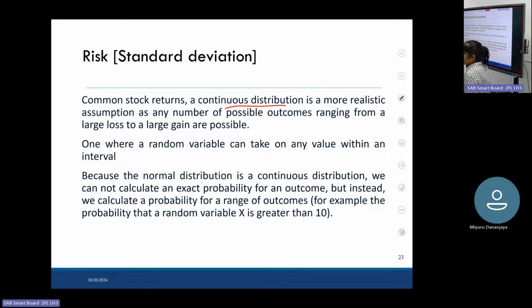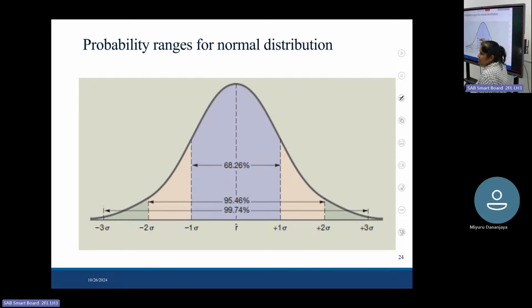Since stock return is a continuous variable, you can describe it using normal distribution properties. This is the normal distribution. If you take an estimate from this distribution, you have 68.26% confidence that your number is within one standard deviation of the average.